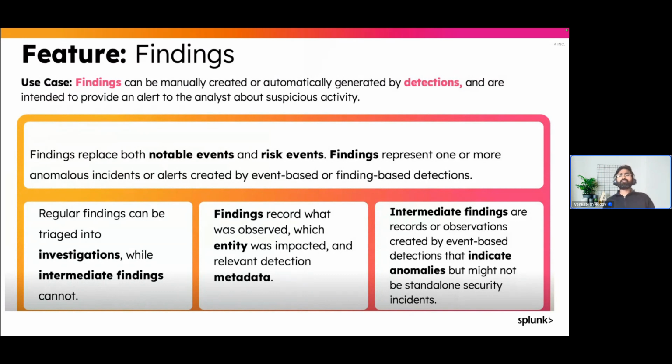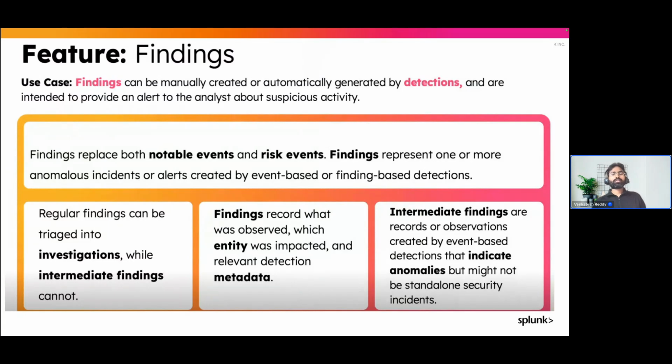In a simple way, if you want to understand the difference between findings and intermediate findings, the finding is the actual conclusion or the decision you care about, whereas an intermediate finding is a signal or a condition that contributes to a conclusion.